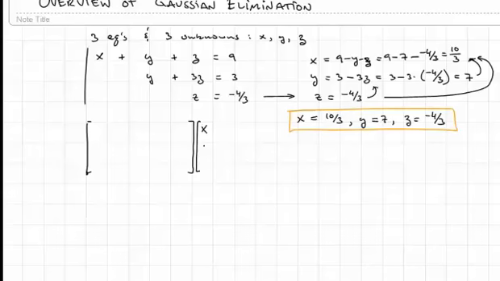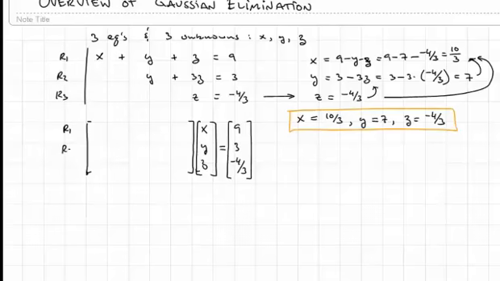I'm going to write x, y, and z here. And on the right of the equality, I'm going to put 9, 3, minus 4/3. And now we fill in our matrix. I'm looking for the coefficients in front of each of the variables. Call this row 1, row 2, row 3.